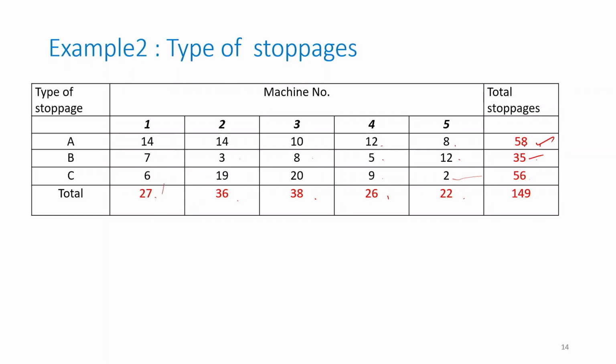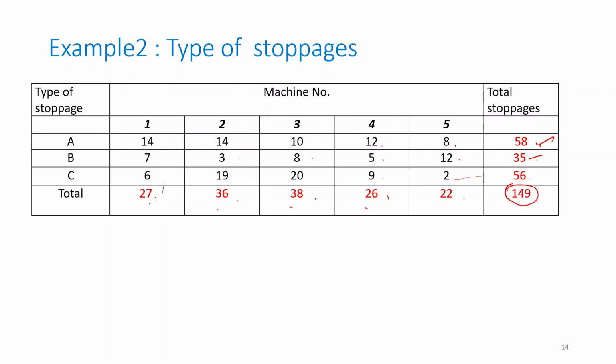And if I add these 3, I get a figure 149. If I add these, also you get a figure 149. So adding the column total values and adding the row total values, they both should give the same figure. If they are not the same, that means something is wrong in the calculation, and you have to redo the calculation again.